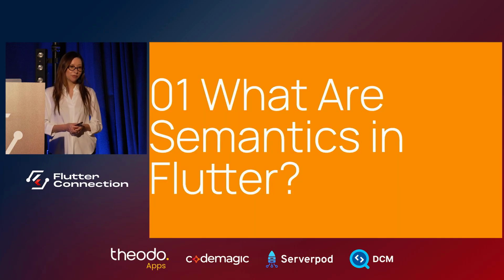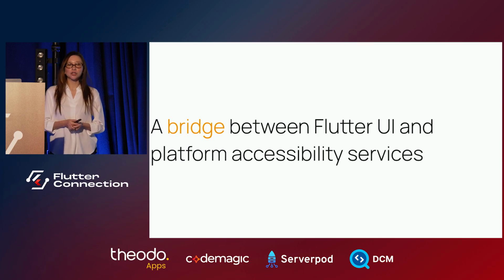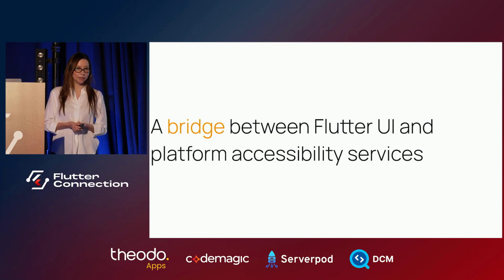First of all, we have to establish what semantics are in Flutter. So we know why accessibility matters, which brings us to the Semantics Widget in Flutter. You can think of semantics as a bridge between the Flutter UI and platform accessibility services. What does that mean? It connects the UI with tools like VoiceOver or TalkBack on Android.